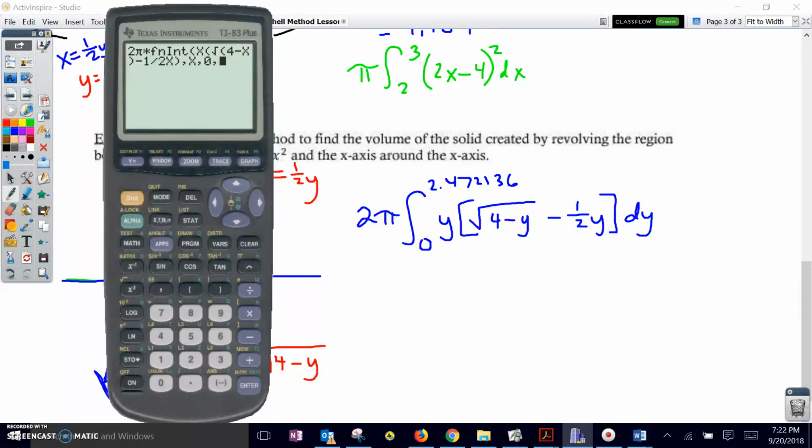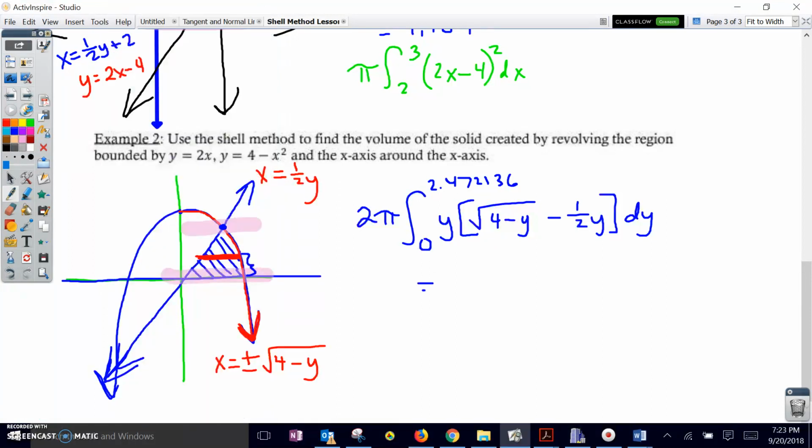And every time I type x in this case, I'm saying y because that's what it actually is in the real situation. And I'll go ahead and calculate that. And I get that the volume is 13.404.